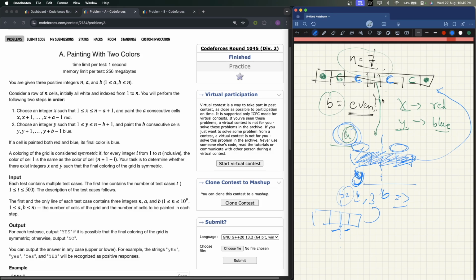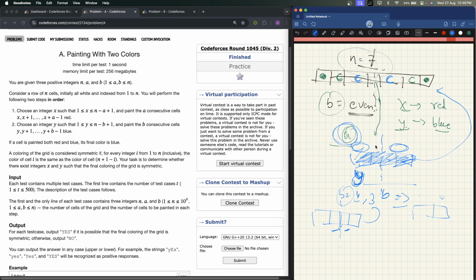We can never color this red. If we color this red, then we have chosen another y and colored some other segment of either the left or right side of our array blue, and then we can never achieve symmetry. That's why we have taken blue first as a priority.